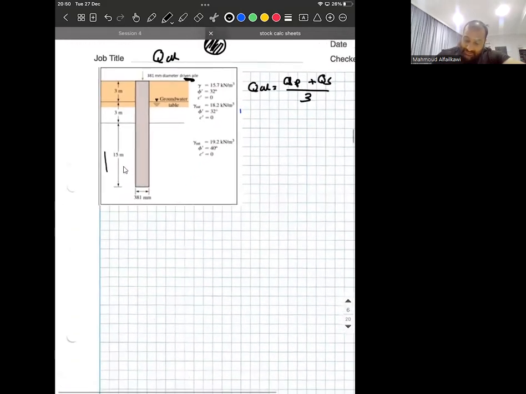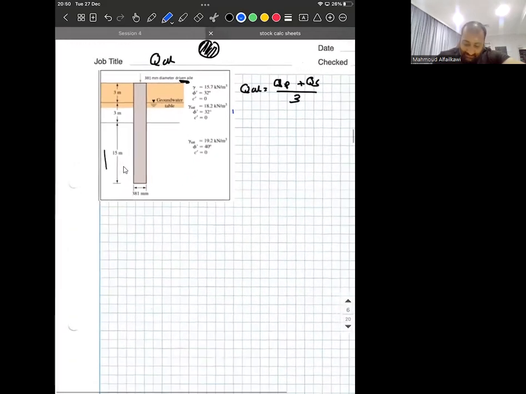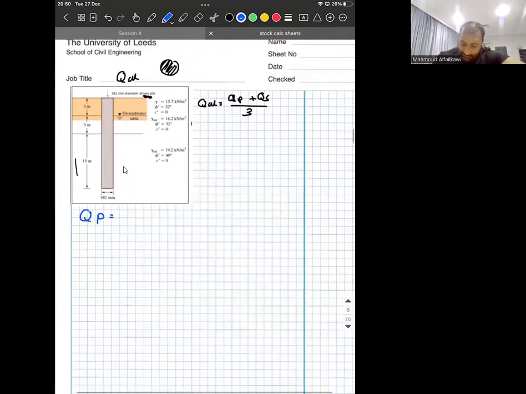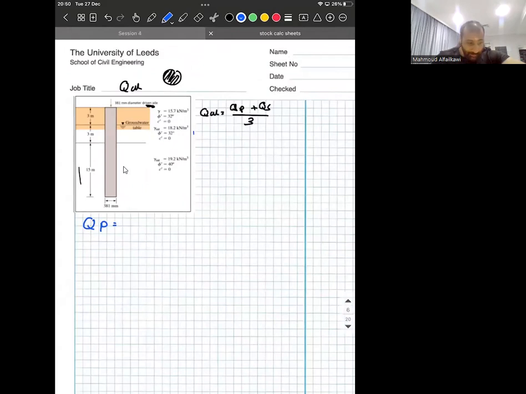Now I'm going to solve each of these individually. For QP, we have the area of the pile multiplied by Q naught multiplied by NQ star, the lesser between this and AP QL.